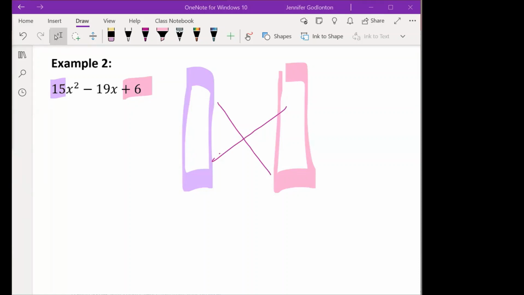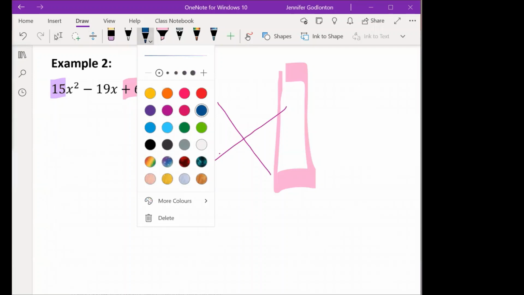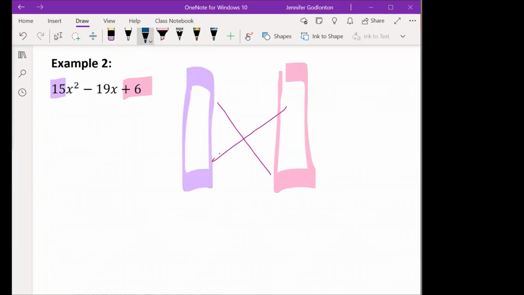Sebo, how can I help? Yes, ma'am. The 15, I only get 7.5. Is it always a single number? Okay, no, so for the 15, we have to work with factor pairs. So I'm either going to have 1 and 15, or I'm going to have 3 and 5. So I'm either going to have a 1x here and a 15x here, or a 3x and a 5x.